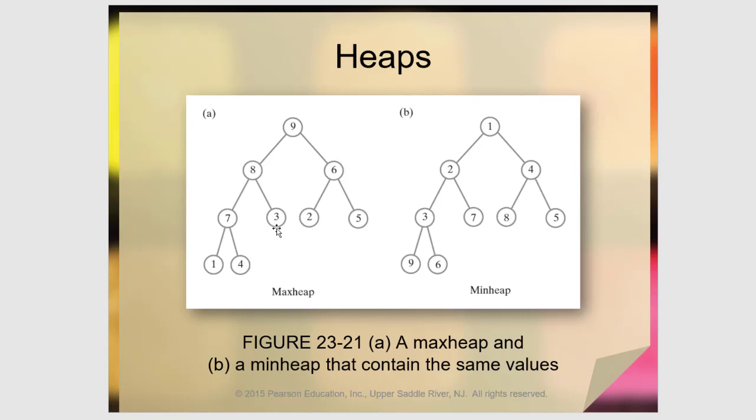And you would say yes, because now it's still a complete tree, but have I maintained the heap order property? And the answer would be no, because 3 is definitely not larger than 12. So you would swap 12 with the 3, the 3 would move down here, the 12 would move up, then you'd compare 12 with its parent 8, and swap those, and then 12 with 9, and 12 would actually move up into the root, the 9 would go down here. So that's how we would maintain the heap order property.